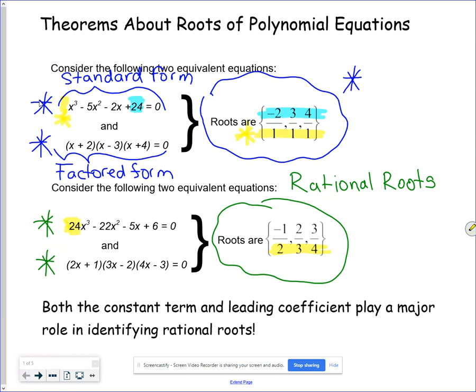Now let's look at the numerator. In the numerator, we got -1, 2, and 3. Well, these are factors of my last term when the equation is written in standard form, my constant term. This is always going to be the case.